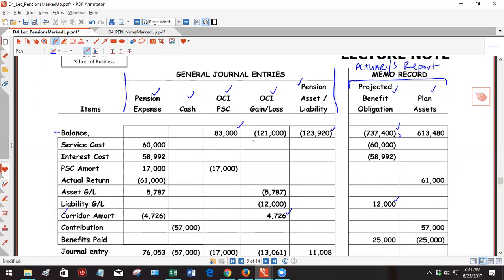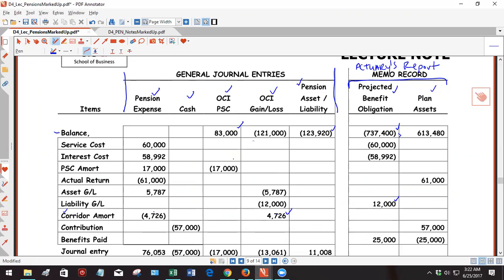We have the OCI prior service cost, which is created when there's a change in the pension plan that gives benefit for prior work. So, for example, let's say the old pension plan said you get 70% of the average of your last 5 years' salary, and management decides to boost it to 80%, and they're going to give you credit for all the prior years of service prior to today.